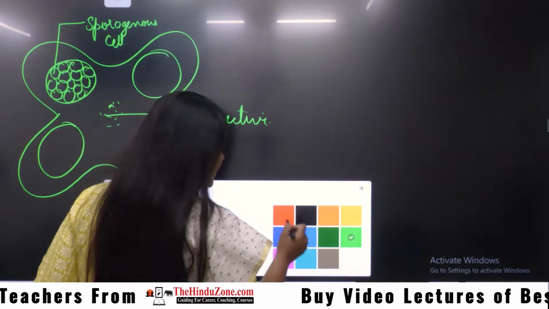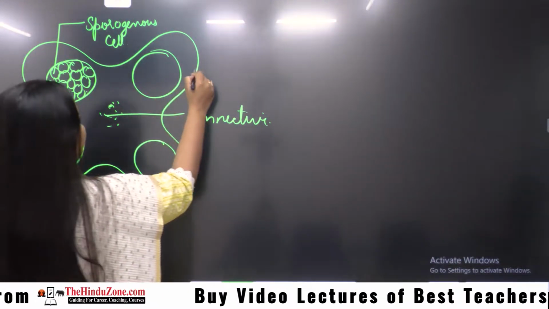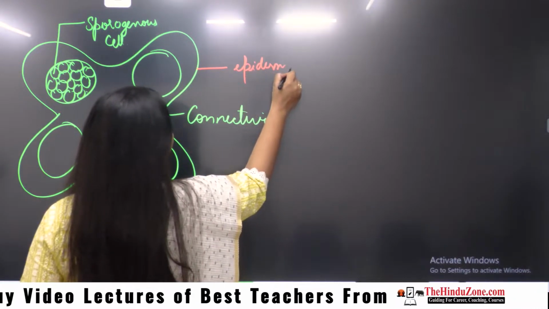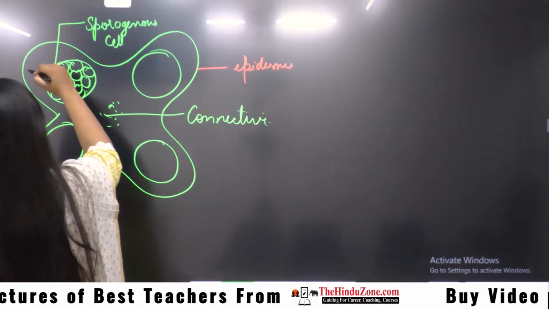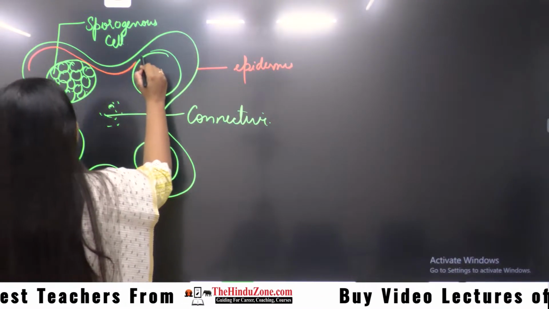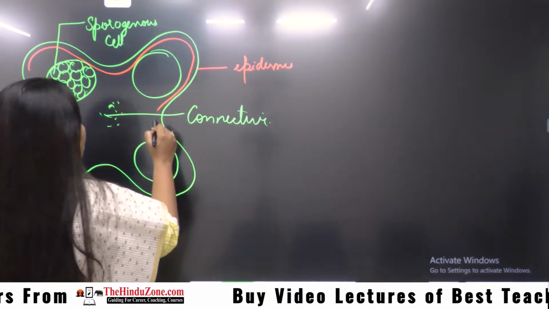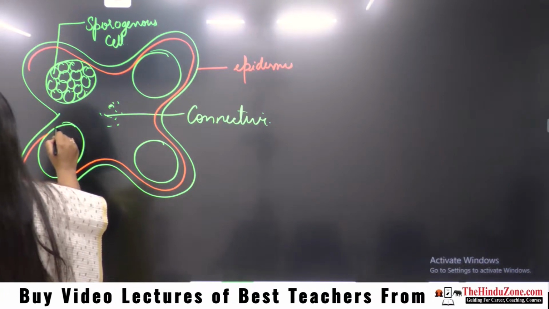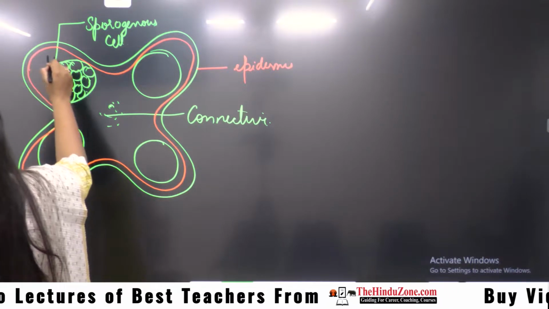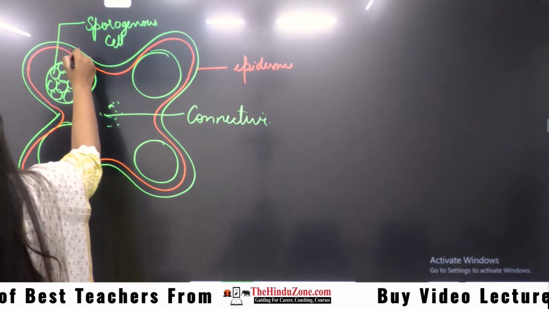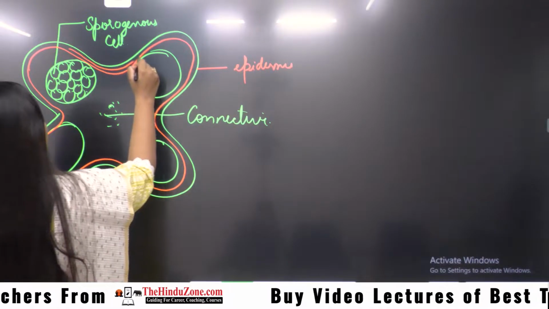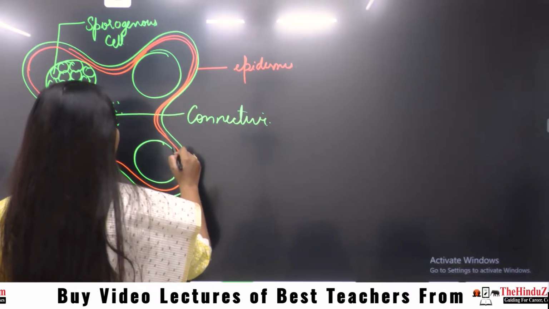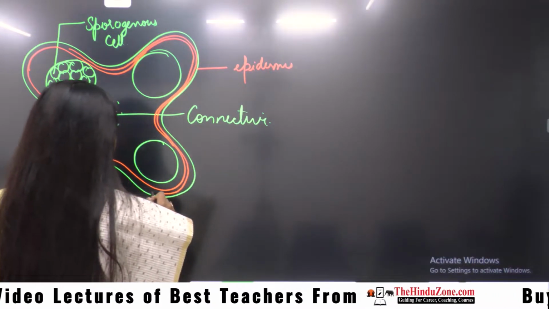If you are looking at the walls, the outer wall is the epidermis, the outermost covering which protects the overall anther. Next to this are 2 more layers: one is the endothecium and between them is the middle layer.